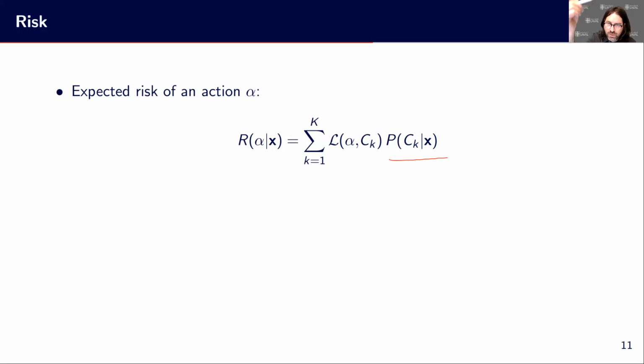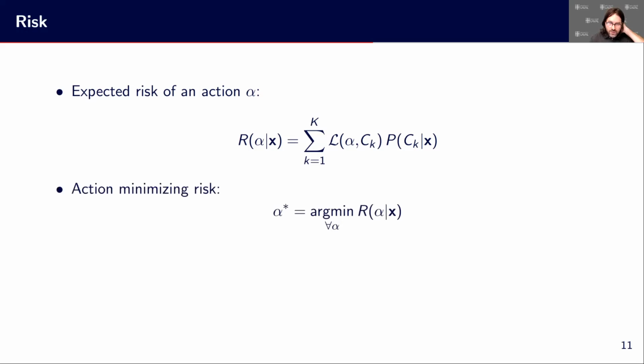So we are looking at the possible outcomes, the possible probabilities, and we are multiplying this with the loss, and that gives us the risk. So that risk is somehow the loss weighted by the posterior probability given by our model. And in such a case, we will take the action that is minimizing the risk. So alpha star here is basically the alpha for which the expected risk is minimum.